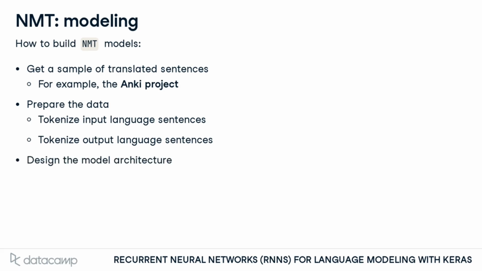Then we have to design the model to be used, which is separated in 2 parts, the encoder and the decoder. More details will be given further in this course. Again, as in all machine learning projects, you need to experiment and evaluate the results, then make adjustments as needed.